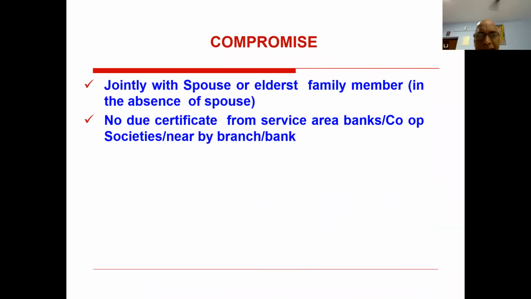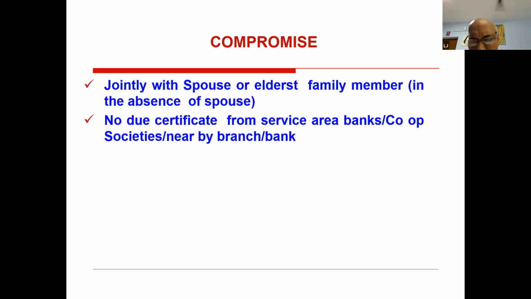Third, you have to take the spouse as a joint borrower for this loan. If the spouse is not available, take the eldest family member as the joint borrower.